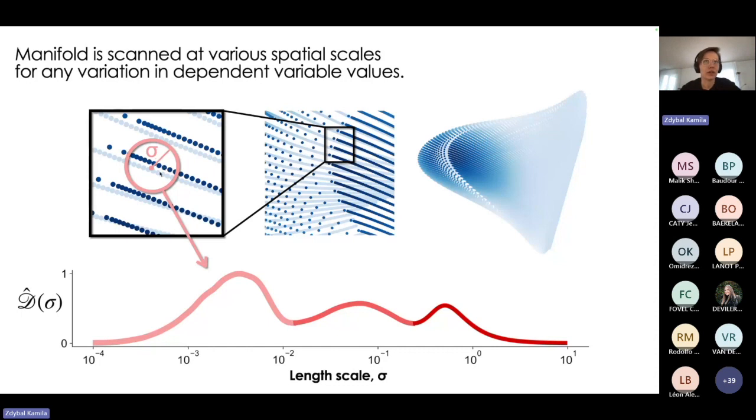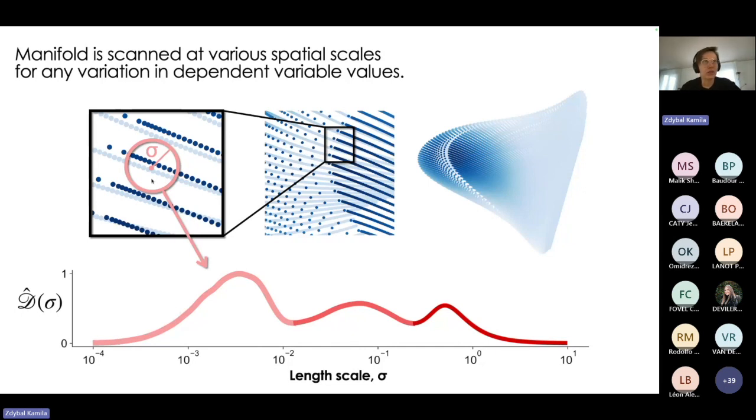If I go into all of that region where the overlap happens, I'm getting dark blue observations mixed up over very small length scales with the light blue observations. And that creates a lot of variation still. So I'm seeing another peak in that d-hat profile.